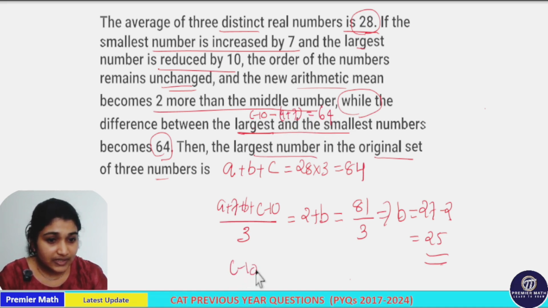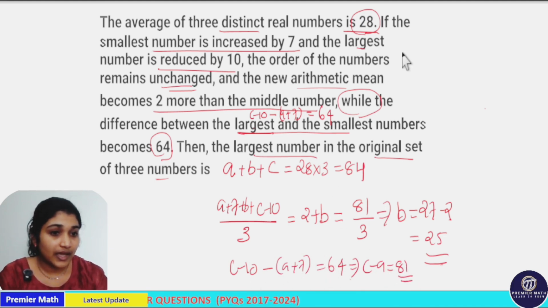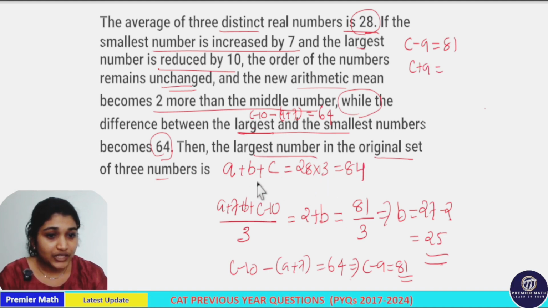So C minus 10 minus (A plus 7) is equal to 64, means C minus A is equal to 64 plus 17, which is 81. And here C minus A is 81 and we already know C plus A. C plus A is equal to 84 minus middle number 25. So 84 minus 25 means 59.